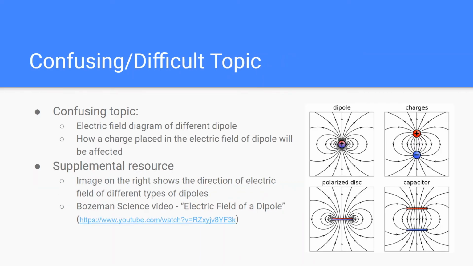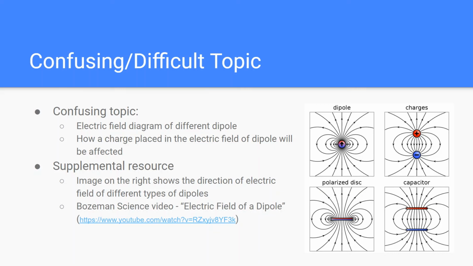A confusing topic for me was the electric field diagram of different dipoles, because I was wondering how a charge placed in the electric field of a dipole will be affected. And so I searched up the image on the right, which shows the direction of the electric field of different types of dipoles.